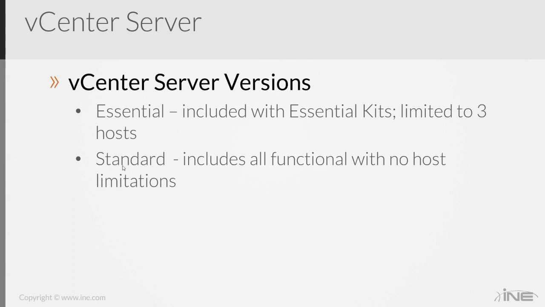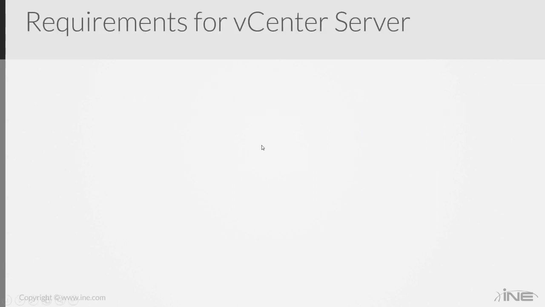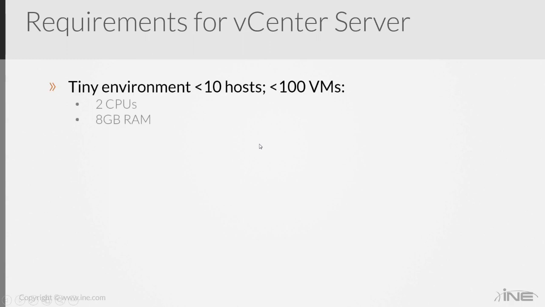And then we have the vCenter Server Standard, and this would include all the functionality of vSphere with no host limitation. Unlike the Essential Kit where you have 3, this would be unlimited. So for versions, that's what we have there.